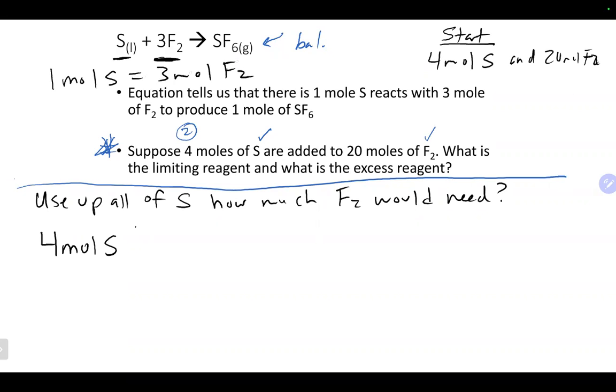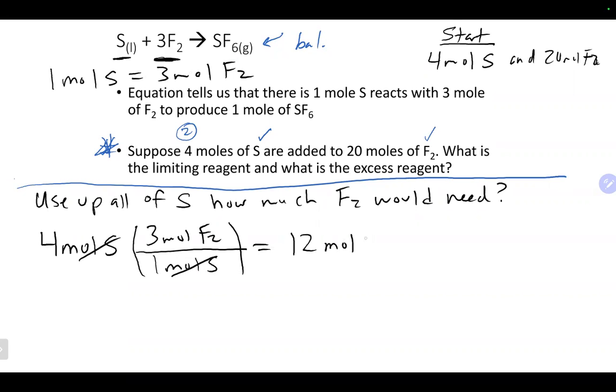So just a very simple little stoichiometry calculation here. Moles of sulfur go on the bottom to cancel. 3 moles of F2 go up on top. Moles of sulfur cancel. Tells me, without the use of a calculator, maybe a bad move, but we'll go with it, 12 moles of F2 is needed.